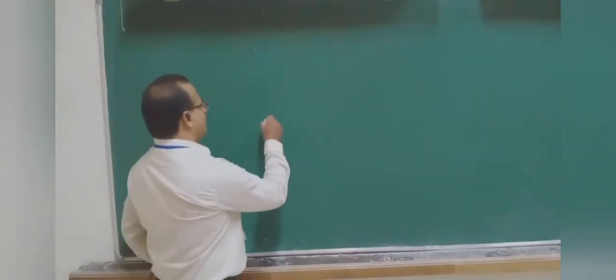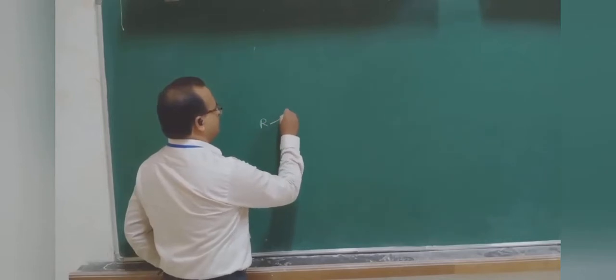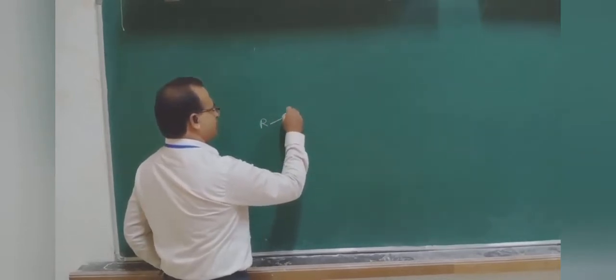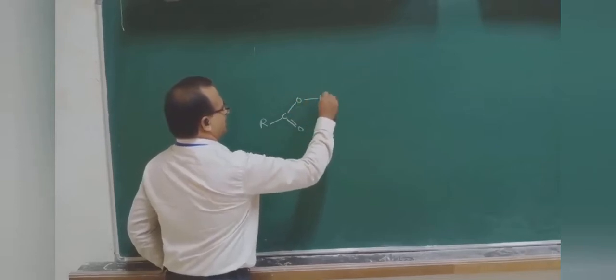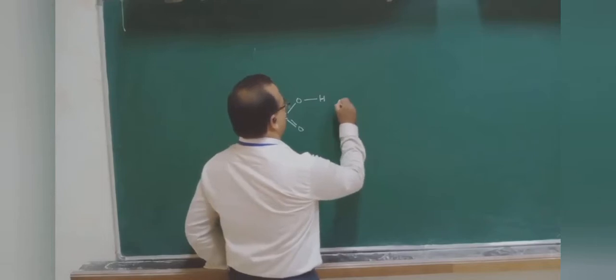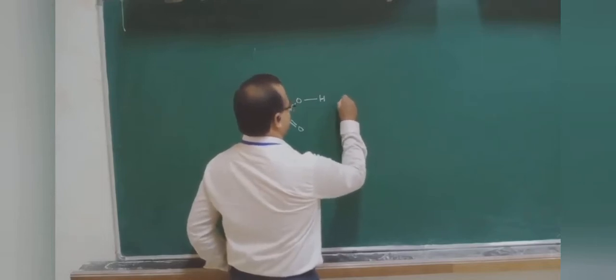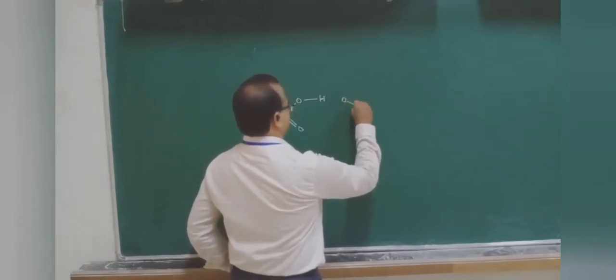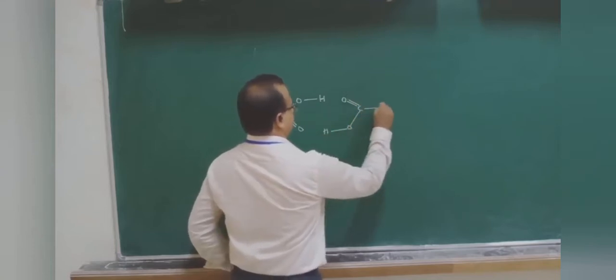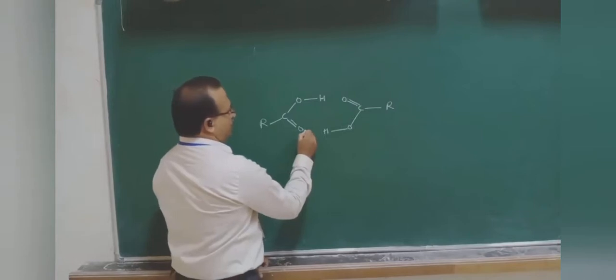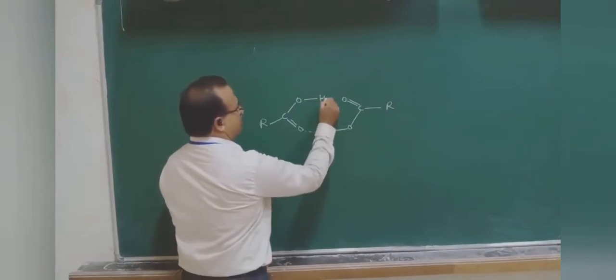Let us take another example, the carboxylic acids. This is RCOOH, one molecule, and another molecule, and here intermolecular hydrogen bonding is there.